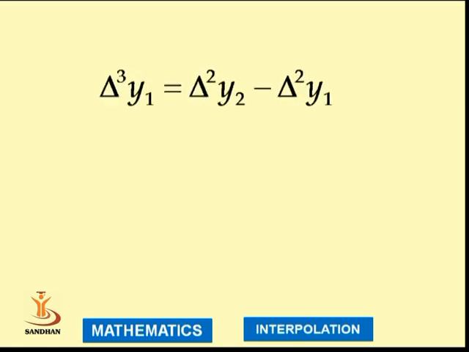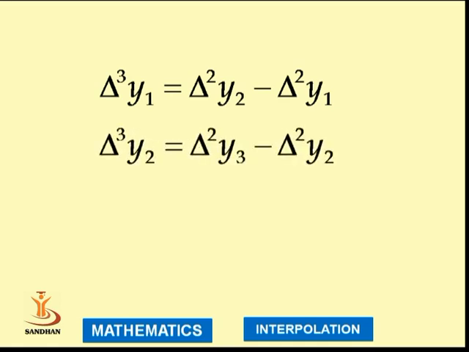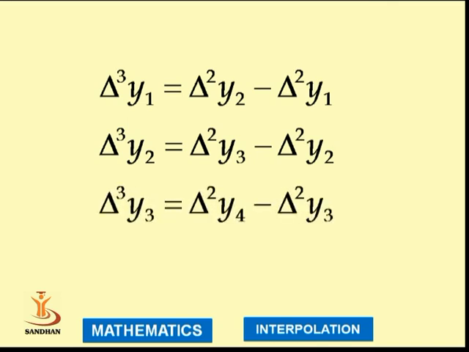Therefore, delta 3y1 is equal to delta 2y2 minus delta 2y1. You see, it is the difference of the previous or the second order forward differences. Delta 3y2 is equal to delta 2y3 minus delta 2y2. Delta 3y3 is equal to delta 2y4 minus delta 2y3.